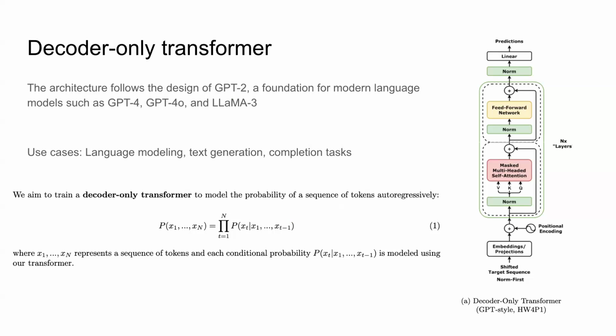When we train the decoder only model, we only have to train on the next token prediction pattern, so we only have to predict one distribution given all the tokens before. On the right is a really simple transformer structure. We can have many improvements here, but we're not going to include that.